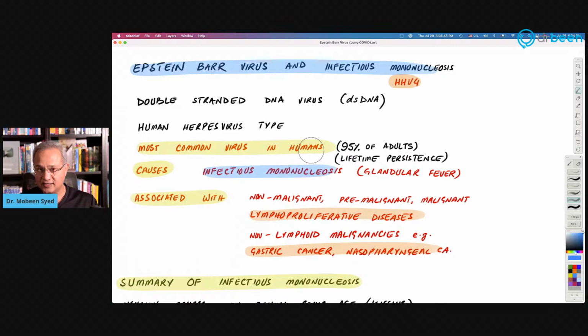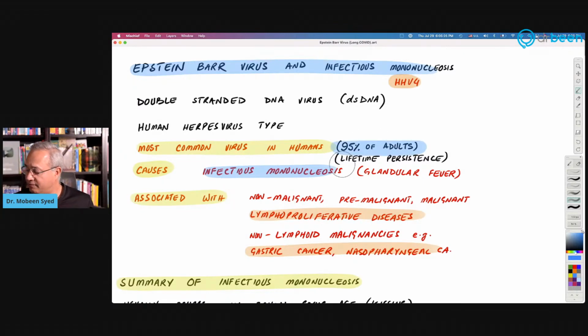Although it is not necessary that somebody has to kiss, this virus actually spreads through saliva, or it can spread through sexual contact as well. And saliva can be touched, if somebody touched their mouth and then touched a surface that somebody else touched and then touched their mouth. So it is not necessary that it is always kissing, but that is the most common route. So this is also called a kissing disease or glandular fever with glands swollen, or simply mono.